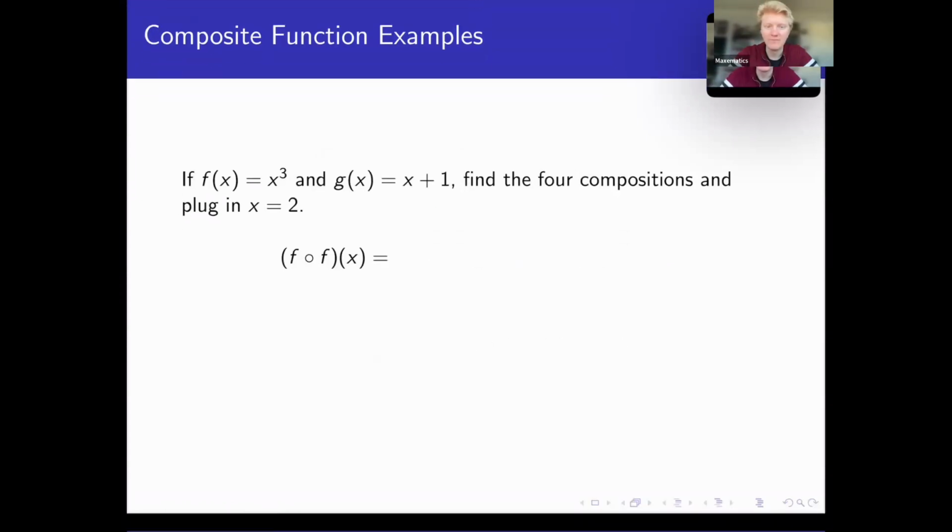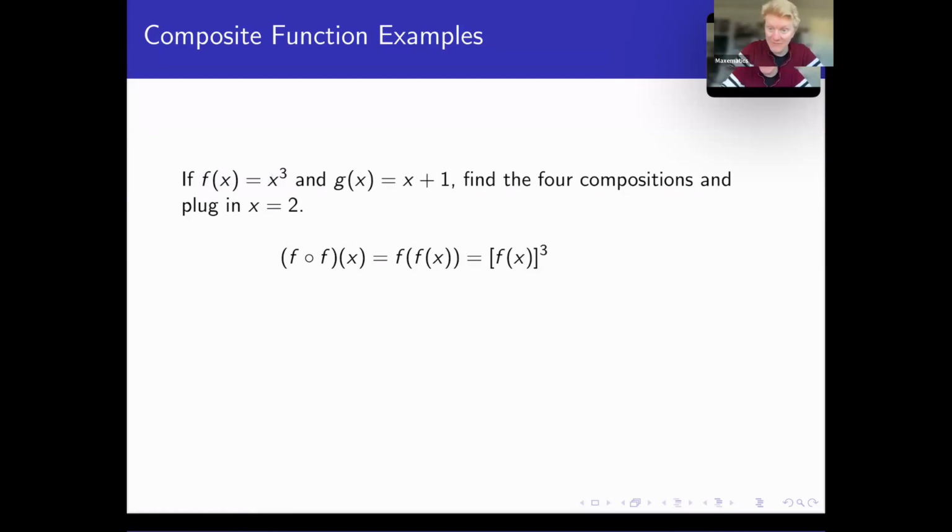Okay. F of f of x, this is where it starts to get a little funky. That's okay. F of f of x says wherever we see x, write f of x. Well, if this was f of potato, you would say potato cubed. But if it's f of f of x, wherever you see x, plug in f of x.